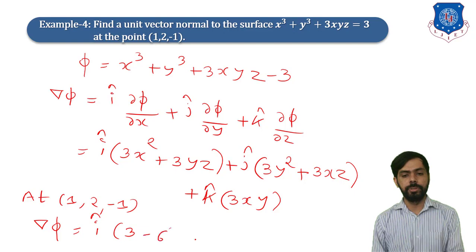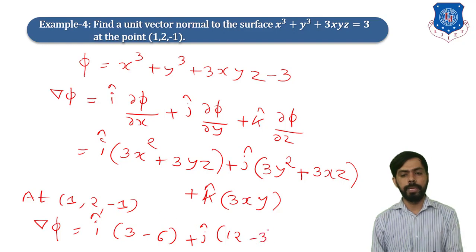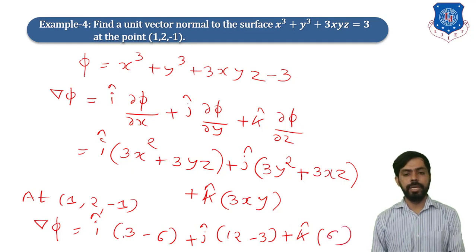Plus j, here 3y square, where y is 2, so it will be 4 into 3, that is 12, plus 3xz, where x is 1 and z is minus 1, so it will be minus 3. Plus k, 3xy, where x is 1 and y is 2, so it will be 6. If we simplify this, we get minus 3i plus 9j plus 6k.